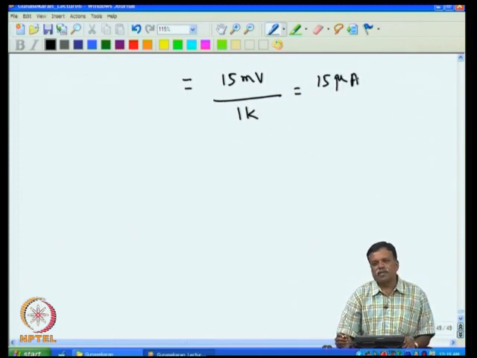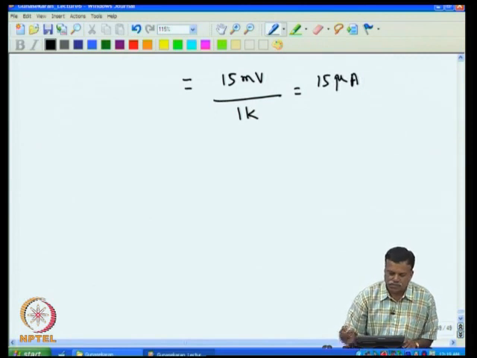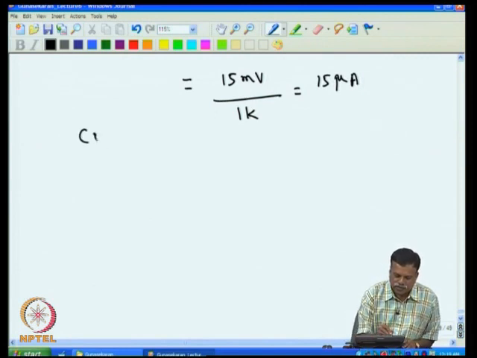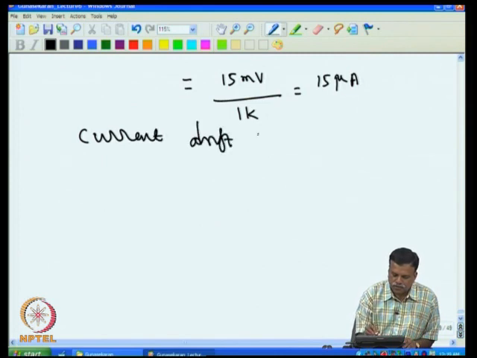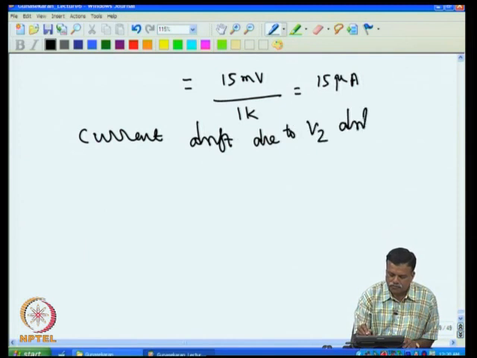So, there will be a 15 microampere current drift due to the change in Zener drift. So, current drift due to VZ drift is equal to 15 microampere.